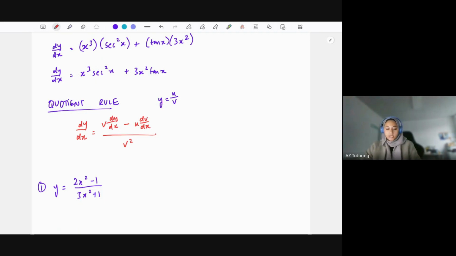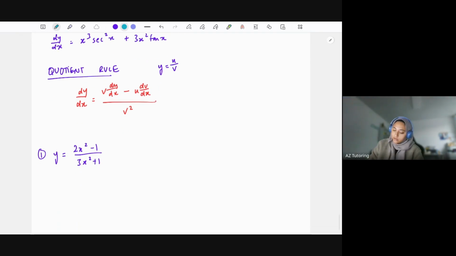So let's do this example. Okay, I am letting u equal what's on top. Remember, your u has to be whatever's on top, v is whatever's on the bottom. So u is 2x squared minus 1, and v equals what's on the bottom, 3x squared plus 1.